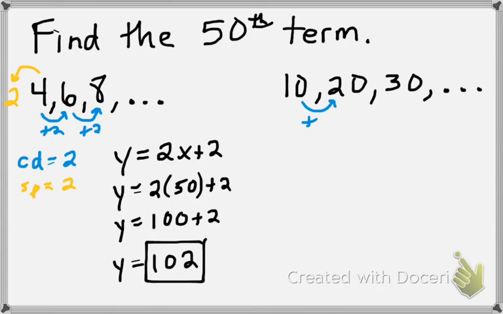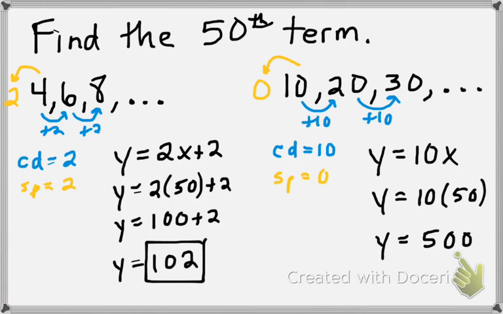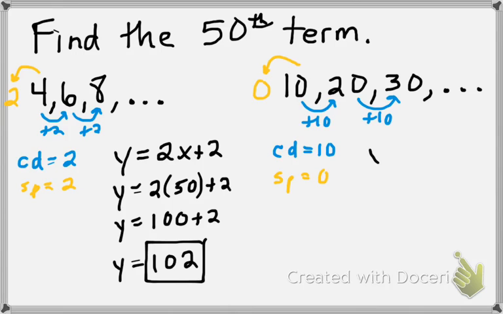The next one, common difference is 10. And if you look back for the starting point, if you look back from 10, the starting point is 0.